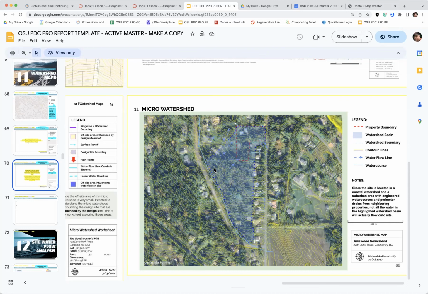Now, there may be an exception in rural areas where you have a roadside ditch, where you may be picking up half of the road. That's quite possible. But in this case, this student has gone up to the road and followed the road up.